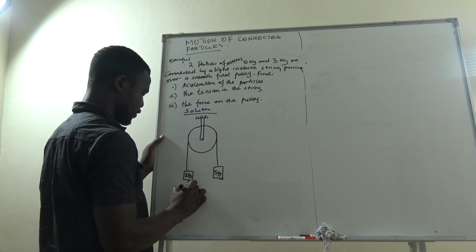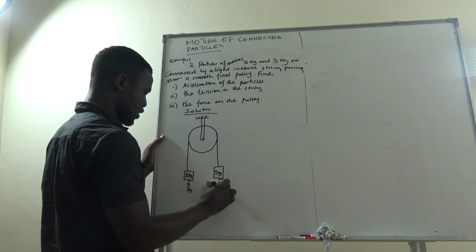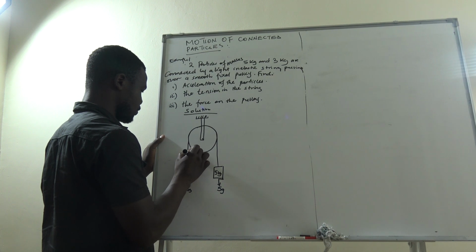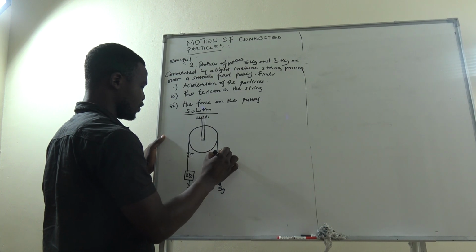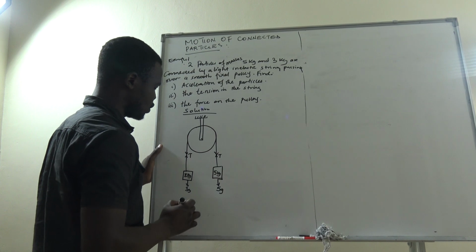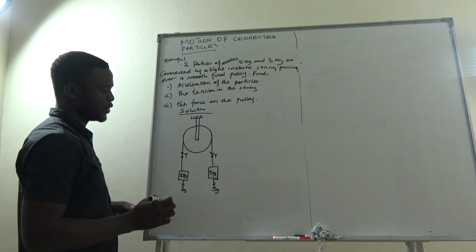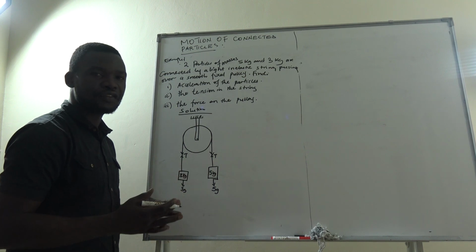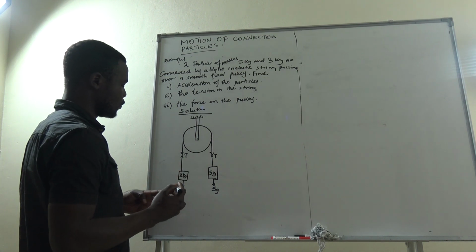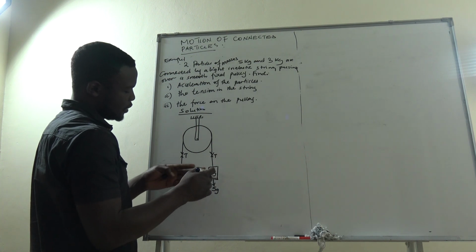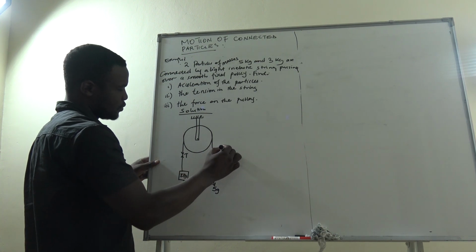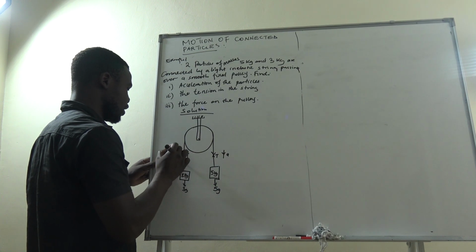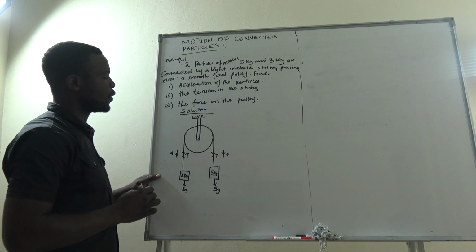Now the weight of this one, 3g, will act downwards. The weight of this one, 5g, will also act downwards. In the string we shall have tension in both directions. If these particles are to move, in which direction will they move? This body is heavier than that, so we expect this body to pull downwards, while the other body will move upwards.